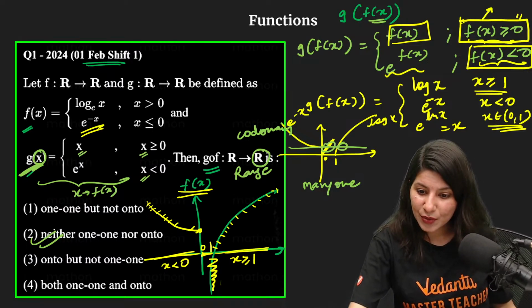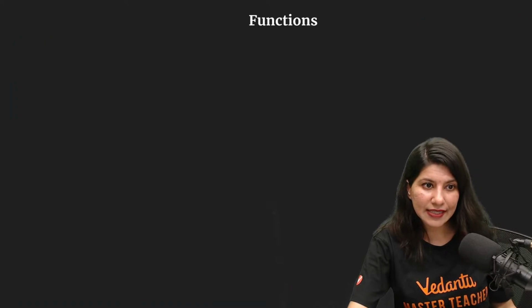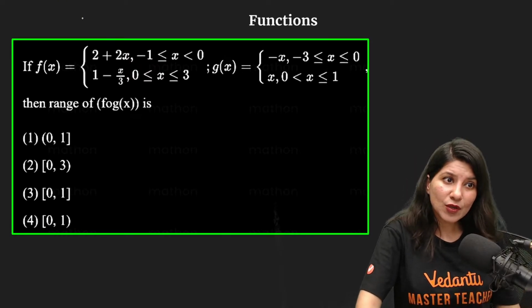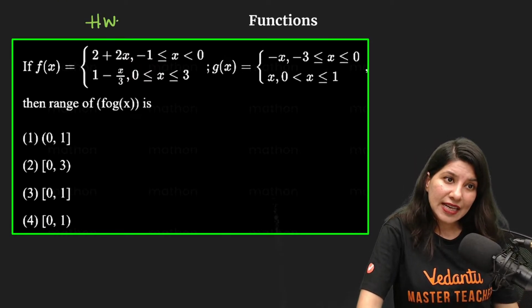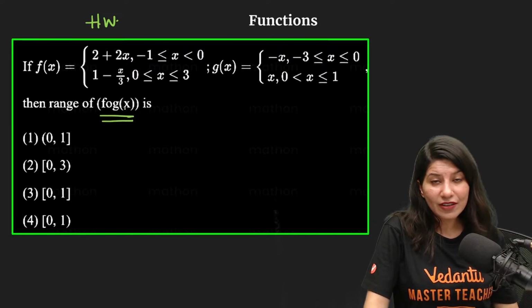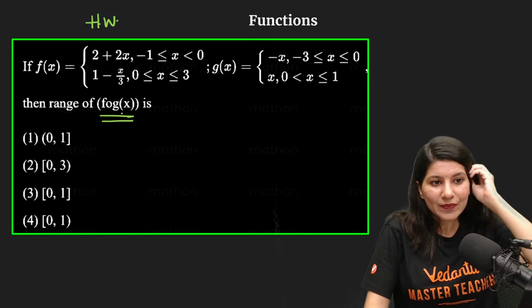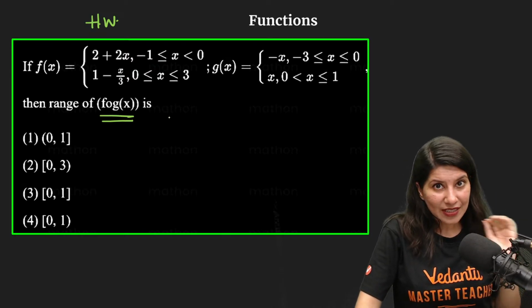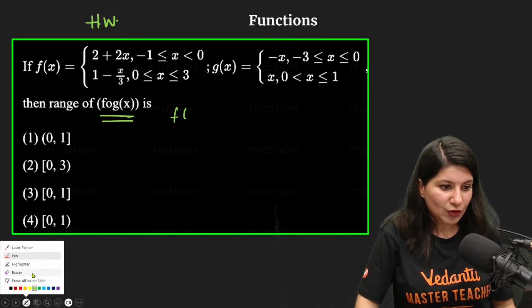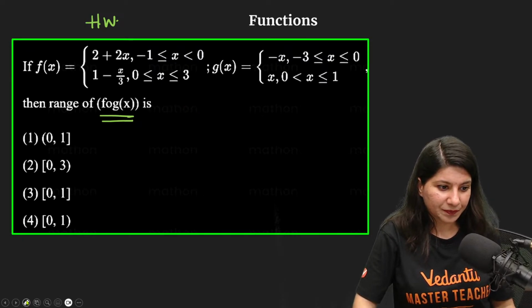Let me know if that works. And now there is one last similar question that I'm going to give you as homework. Same thing: you have to plot the graph of f of g of x, and then eventually find the range. So what are the steps? Let me give you the steps. First, plot the internal function, so plot g of x.